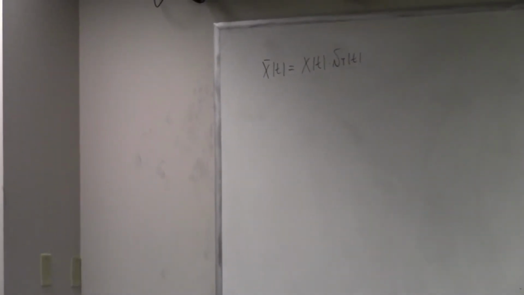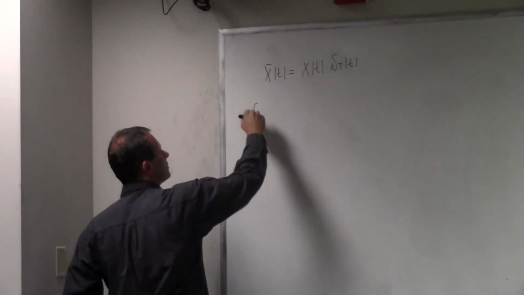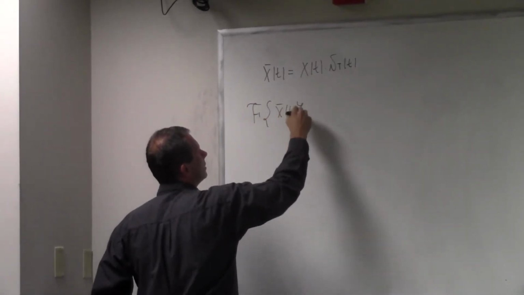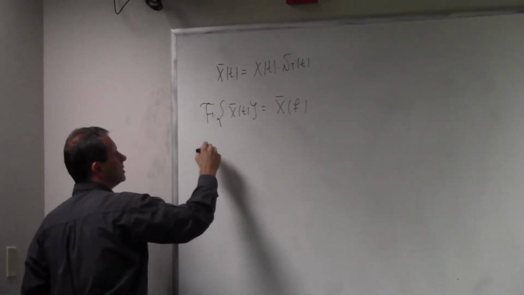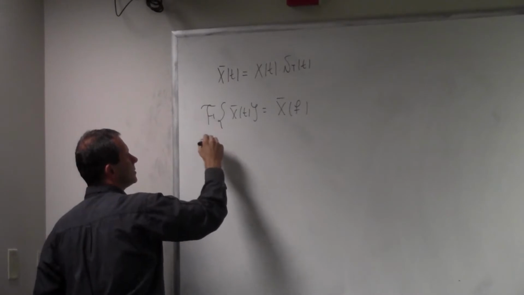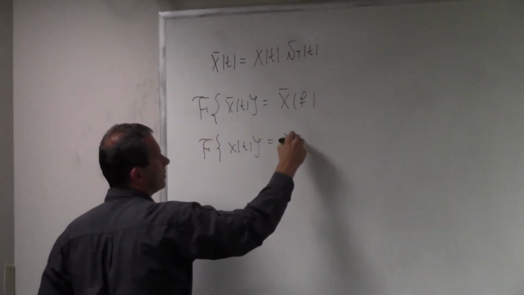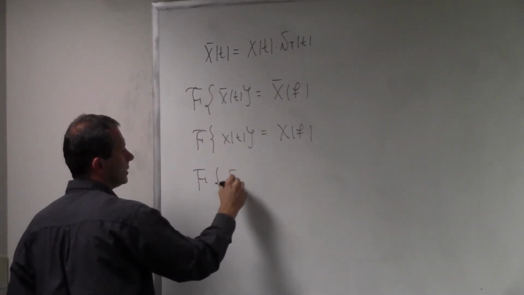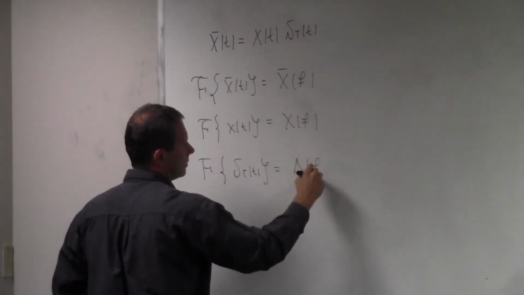What the frequency convolution property would say is that the Fourier transform of x of t, let's call it x hat of f, where the Fourier transform of x of t is X of f, and the Fourier transform of delta T of t is delta T of f.